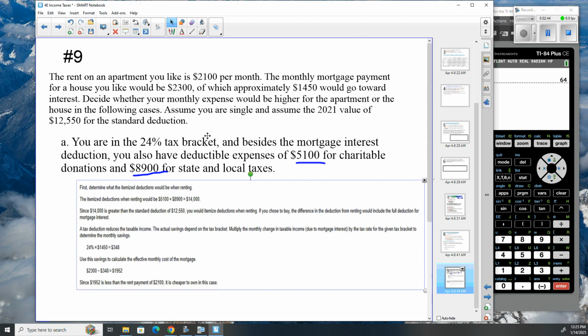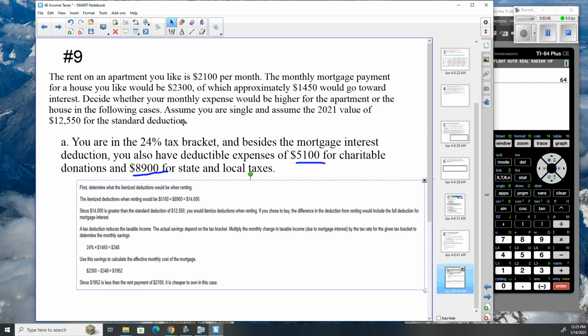If I do 0.24 for 24% times the $1,450, you end up saving $348 per month.